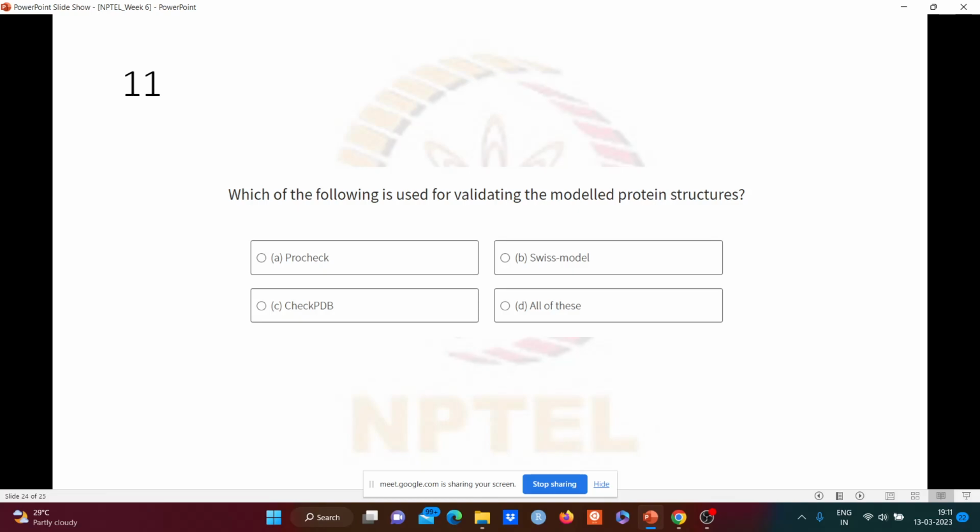So here the answer is Procheck. Procheck and Errat are the tools used to validate the models. Swiss-Model is used for generating the models, and Procheck and Errat are part of Swiss-Model as well.